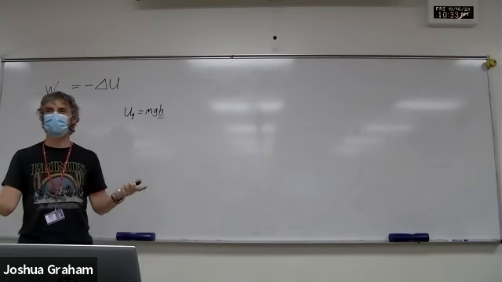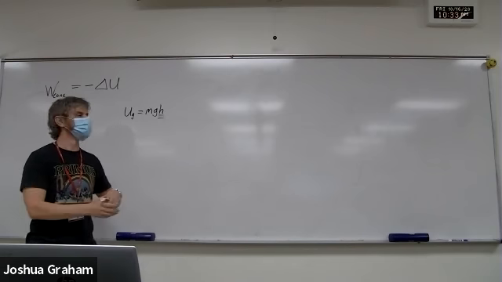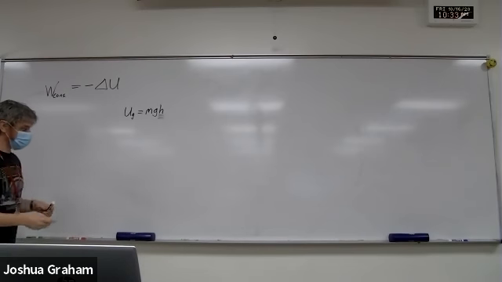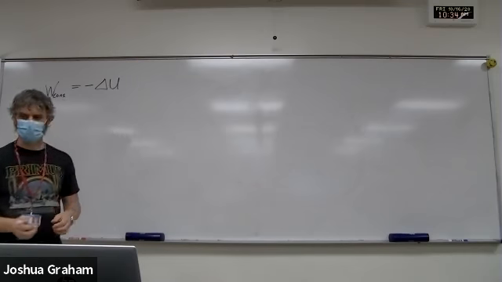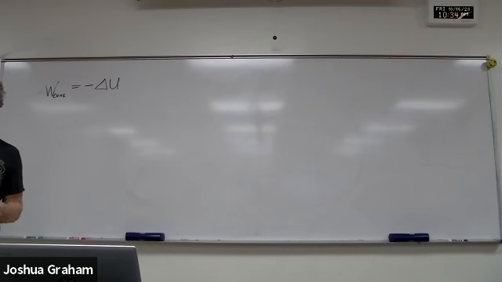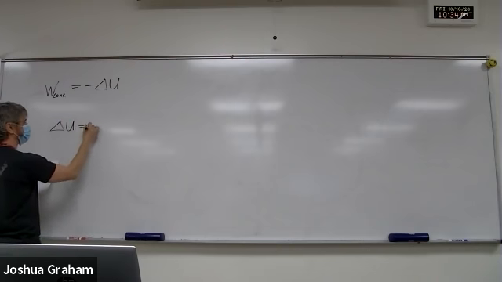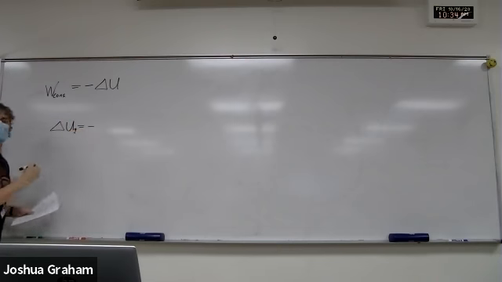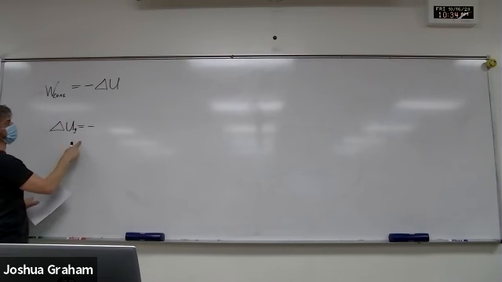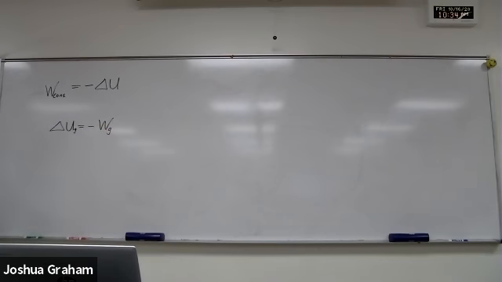Again, technically it's not possible. Mathematically it is. Mathematically we deal with infinities all the time. If you've taken calculus, you know that. So that's why when Mr. Fullerton used this expression to derive the actual formula for gravitational potential energy, first he solved this for delta U. The delta U is going to be equal to the negative, and this is now change in gravitational potential energy, the negative work done by the conservative gravitational force.